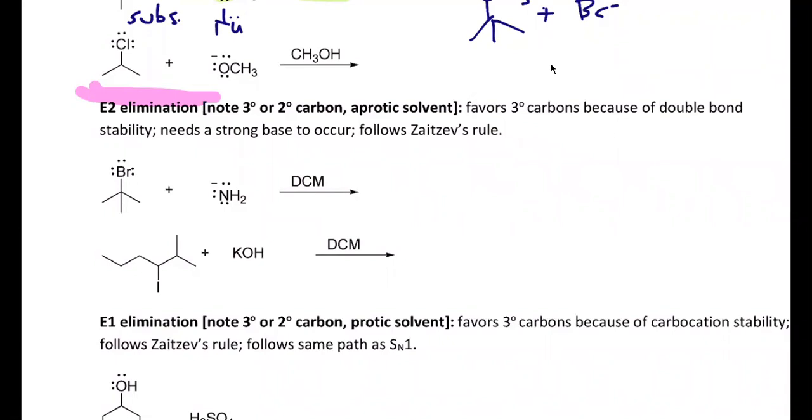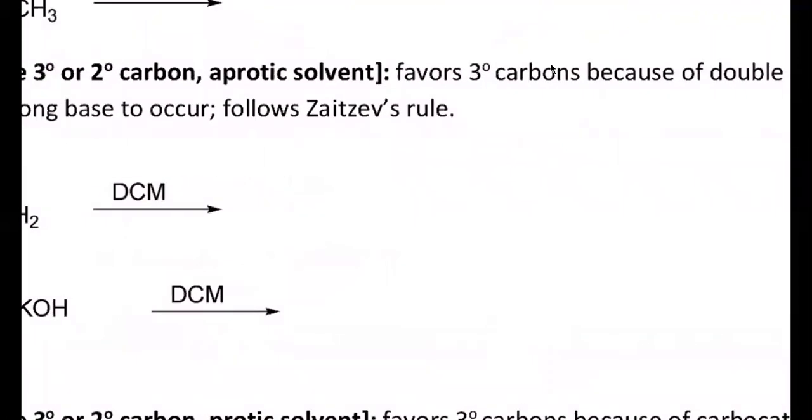Because when you eliminate from a tertiary carbon, you generate a trisubstituted alkene, which is more stable. We can talk about that, so don't panic. You need a strong base, and it follows Zaitsev's rule. And let me add one more thing to that. Zaitsev's rule just says that the more substituted alkene is going to be your major product. We'll talk about that.